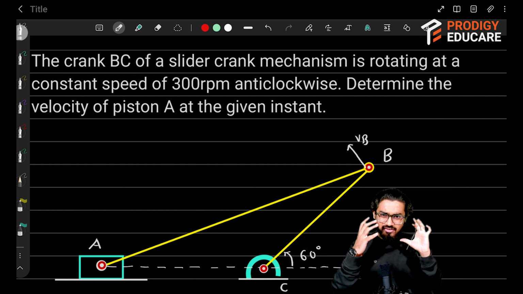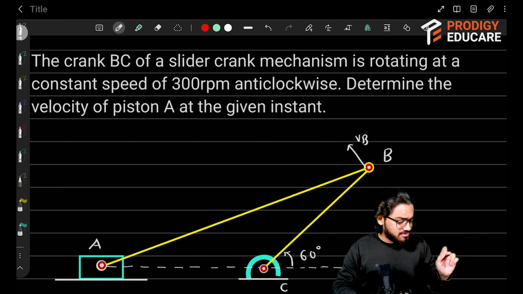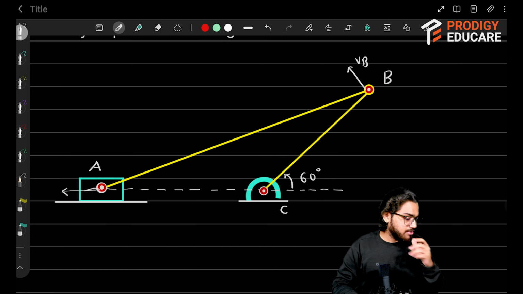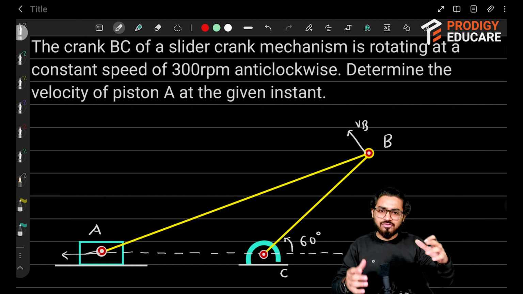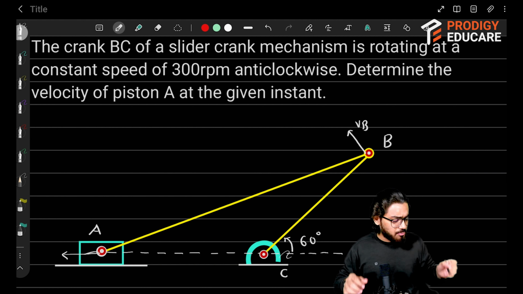Also, by applying some 3D visualization in your mind, we can easily evaluate the direction of the velocity of A. The direction of the velocity of A is going to be in this direction. For rod BC, we know the center of rotation is going to be point C itself.